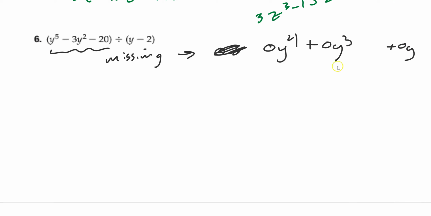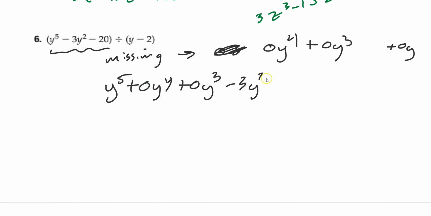So you want to add those in, so that everything still falls in order. Let me rewrite it first: y to the 5th, plus 0 y to the 4th, plus 0 y cubed, minus 3y squared plus 0y minus 20.